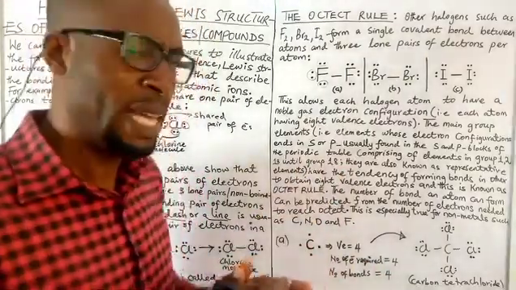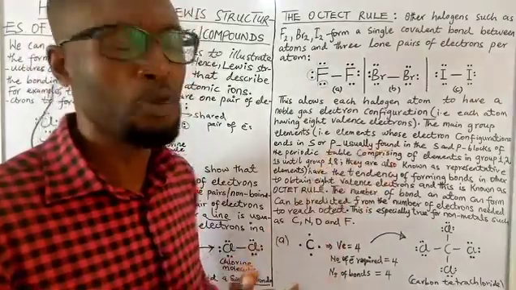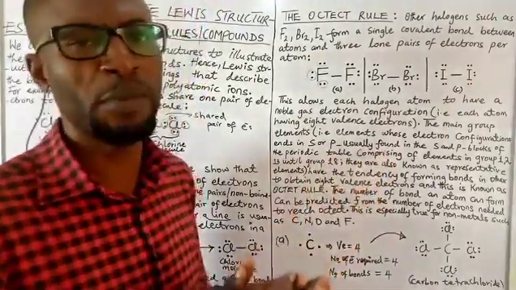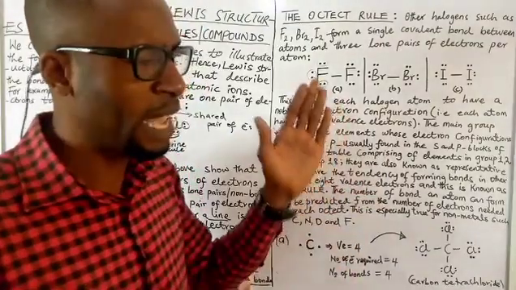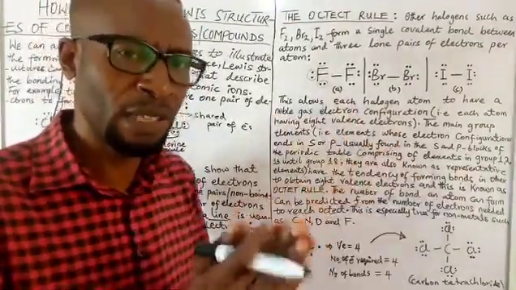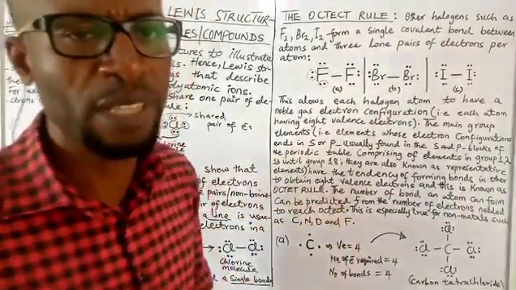All right? Besides the main group elements, we also have specialized elements in the periodic table. The elements lying between group 2 and group 3 are special elements called transition elements or transition metals.